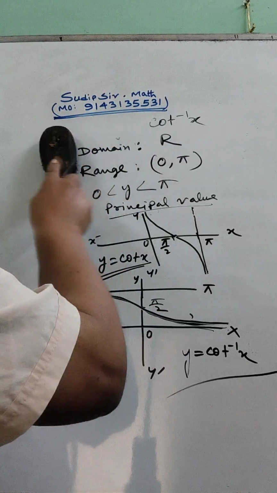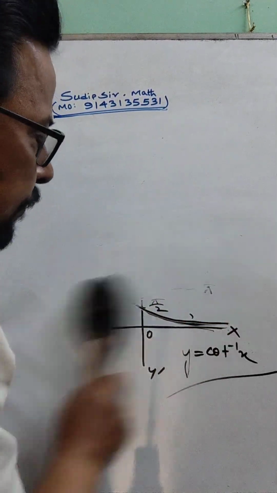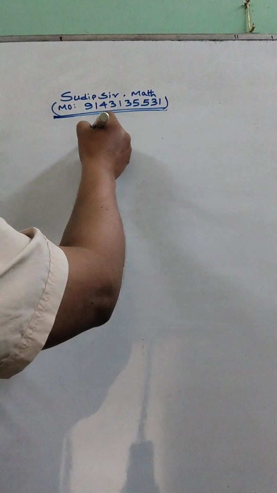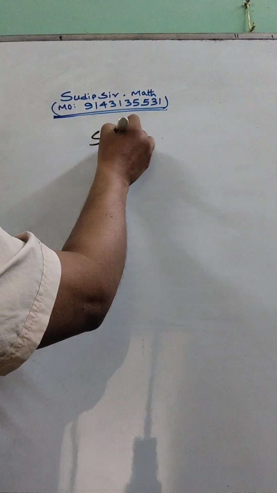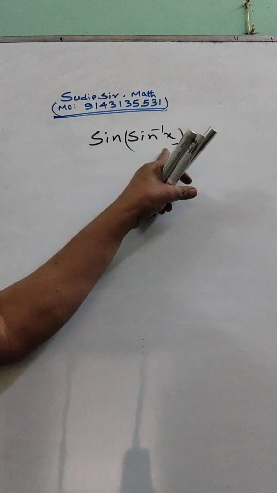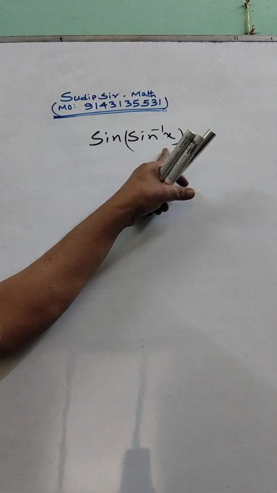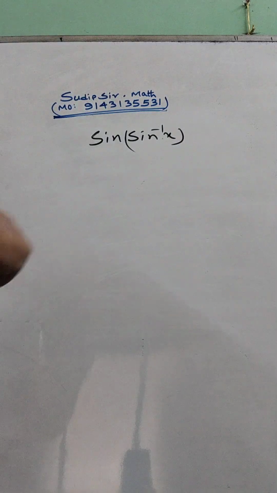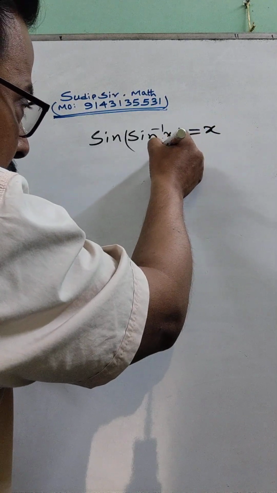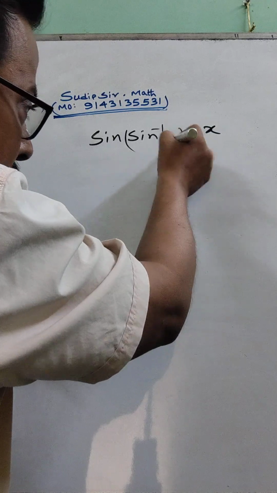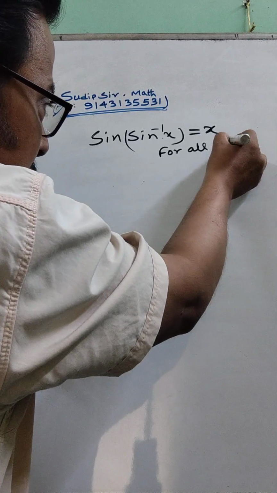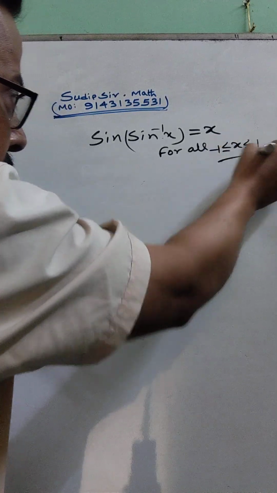So within this domain and range, we can write sine inverse x. Sine of sine inverse x will be x for all values where x lies between -1 and 1.